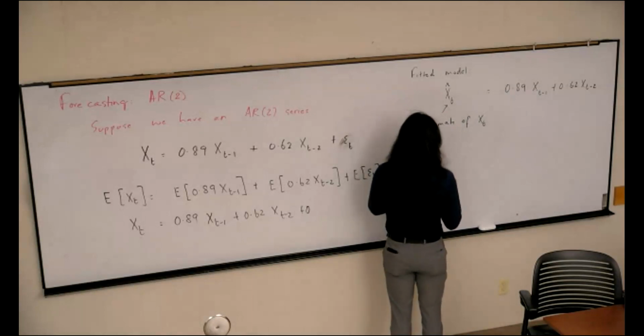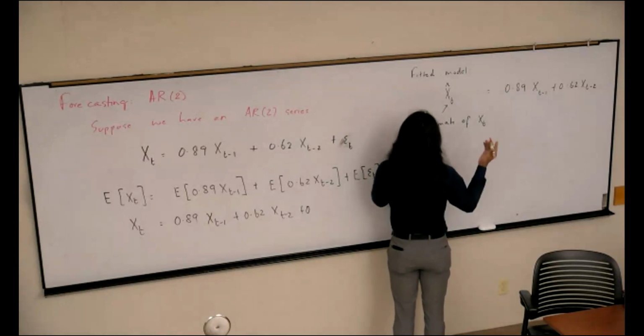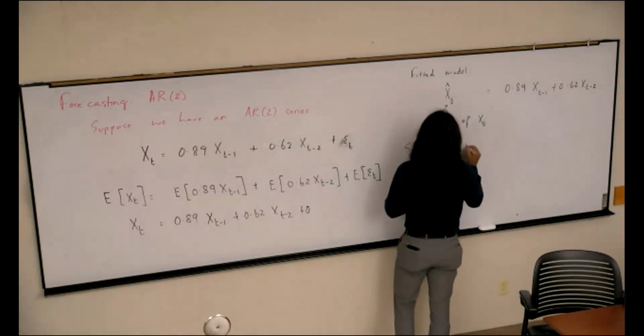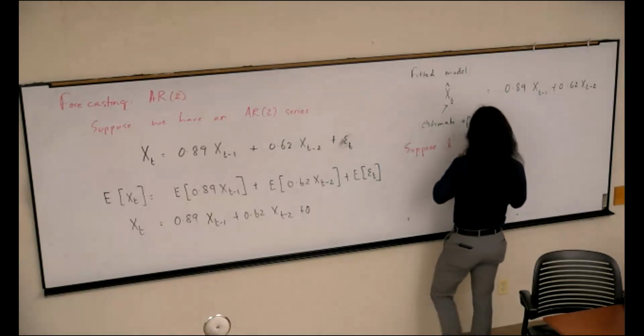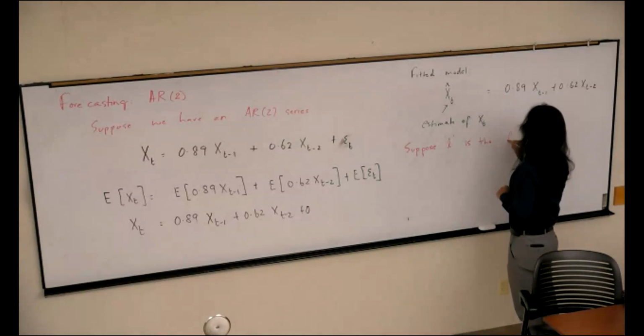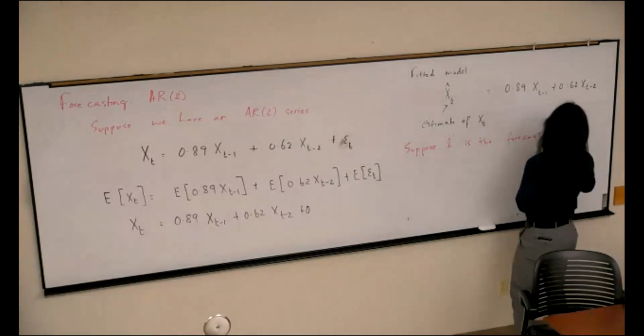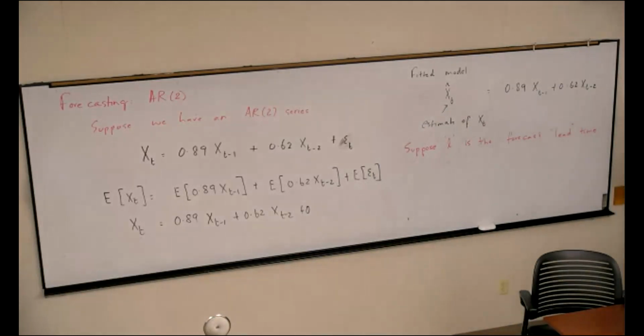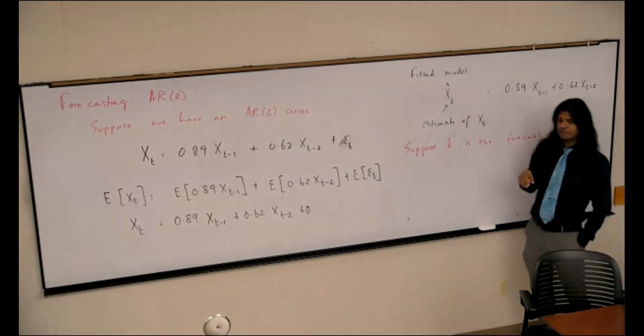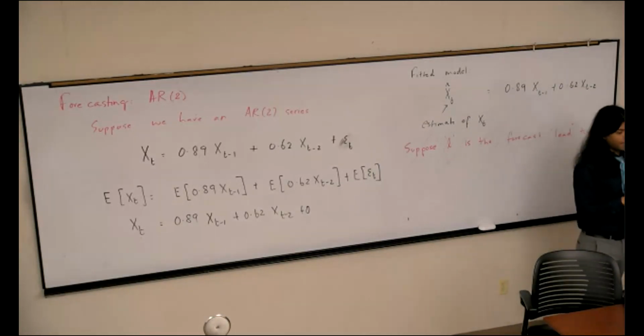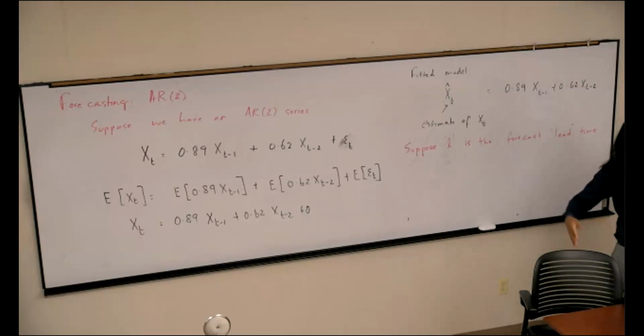We use the letter K, H, I take L. Suppose L is the lead time, not the lag. I did not use K, I did not use H because we've used H and K in the past for lag, not lead.